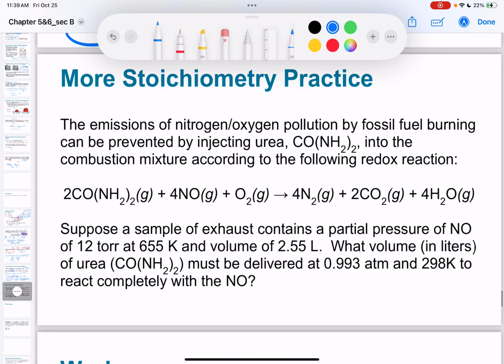No, the next one's hard, but it's with gases exclusively. One time, I think I did on a test, a stoichiometry problem where you started with a solution, so there was a volume and a molarity, and then you ended with a gas, so there was PV equals nRT, so it was like everything all together. It's not very nice of me.